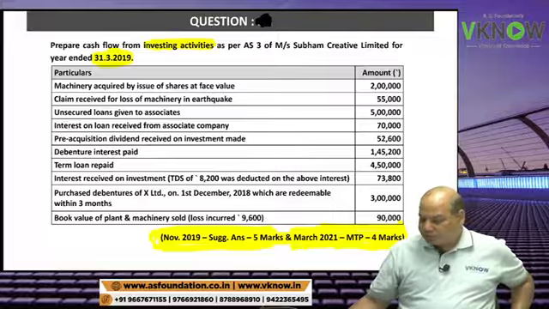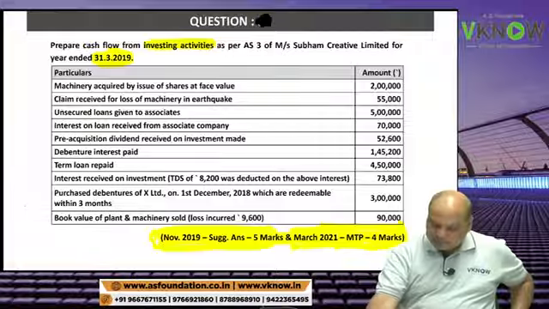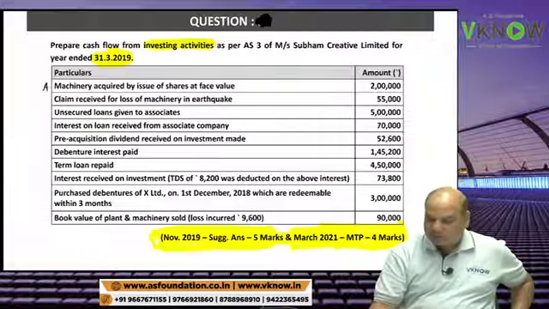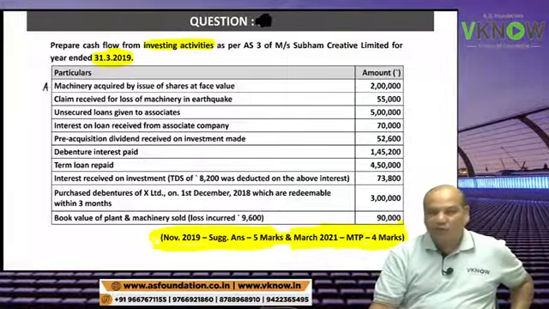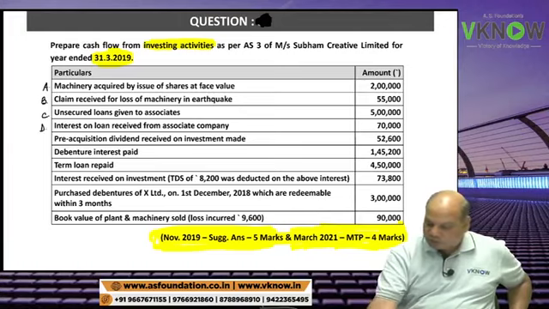Point A: machinery acquired by issue of shares at face value, 2 lakh.